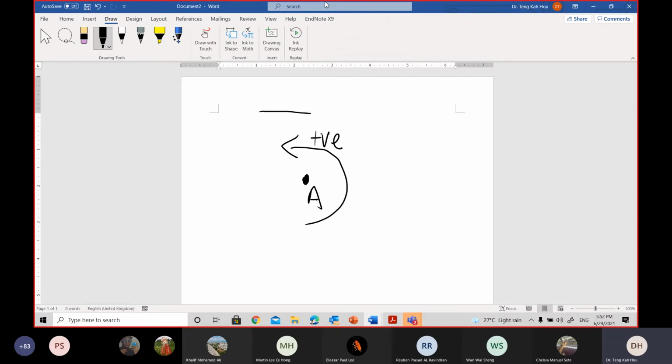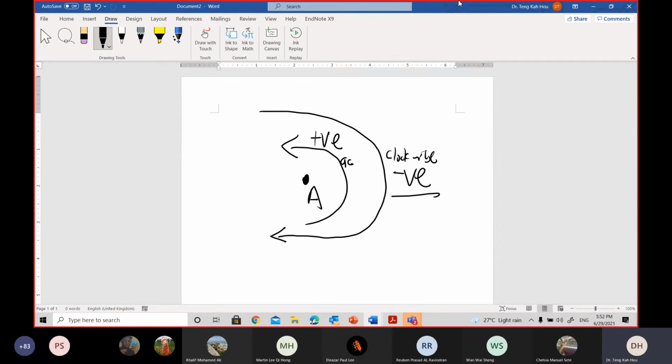Any force against this direction will be negative. Does that make sense? Can you recall this, right? Any force in the anti-clockwise direction will be positive, and any clockwise direction will be negative. So please recall this.